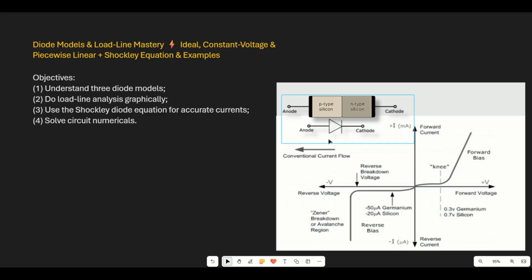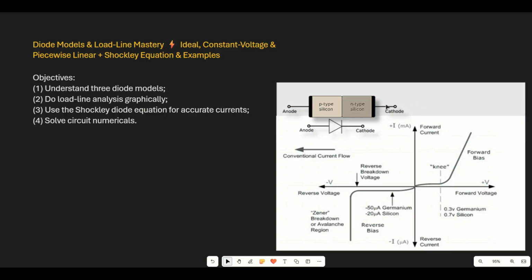That is why engineers have made simpler models depending on the problem. For a quick estimate, use the constant voltage model; circuit design uses the piecewise linear model; and precise analysis uses Shockley's equation. So the diode models are of three types.